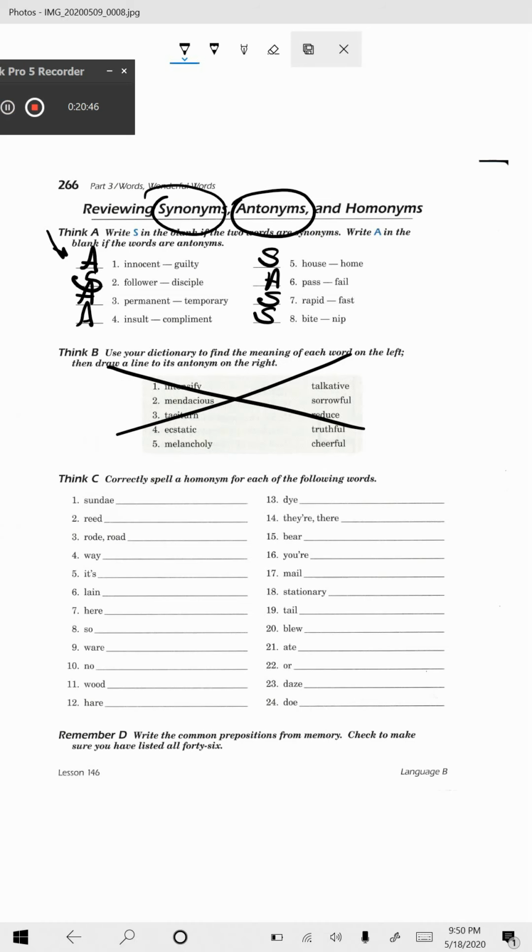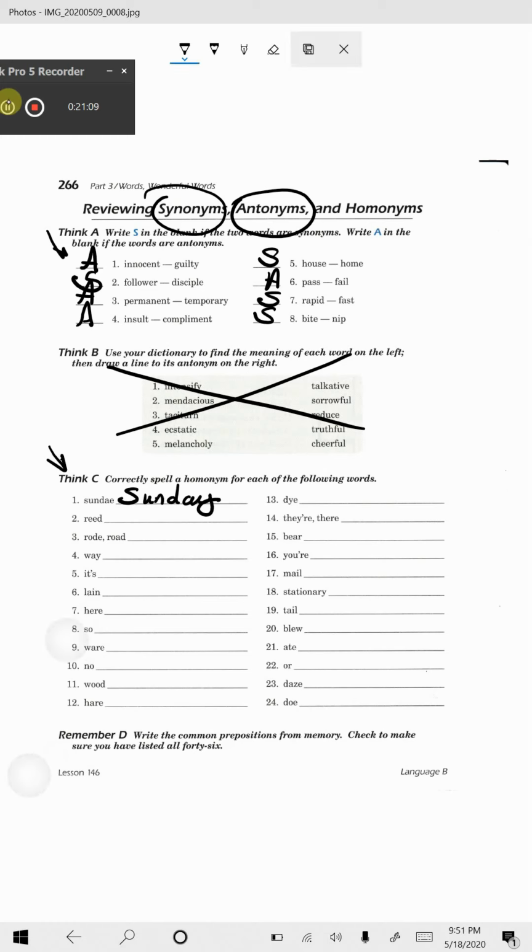Think C. Homonyms are words that sound the same but are spelled differently and mean different things. So I have the Sunday here, S-U-N-D-A-E, which is the ice cream. And then we have the day of the week, Sunday.